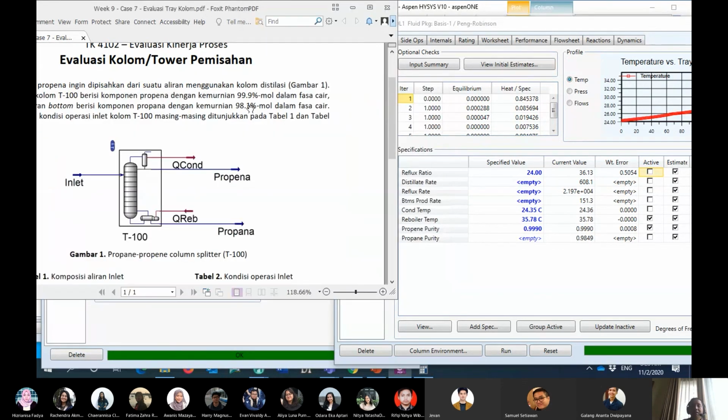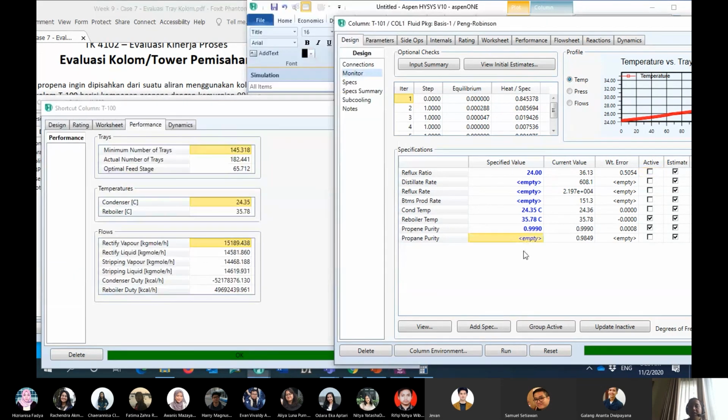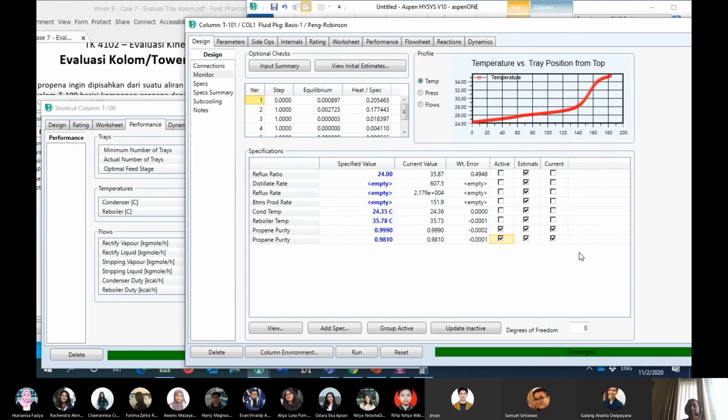Okay, and then the value, it should be around, oh, this one is higher than the requirement. Okay, enough for 98.1, but it's already 98.5. Okay, what I have to do, okay, I will uncheck the reboiler and then I will check this. Okay.